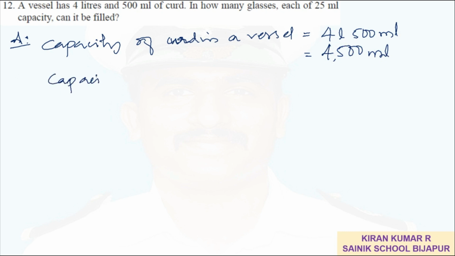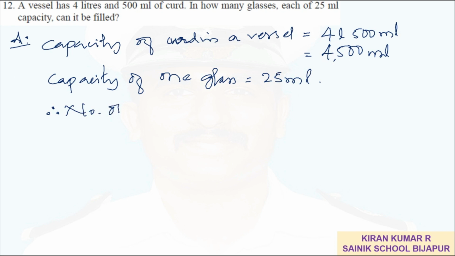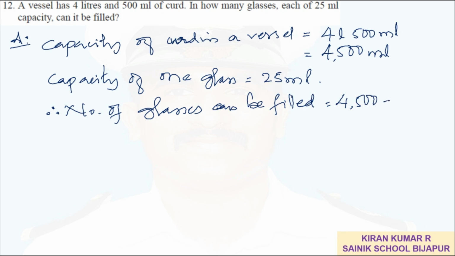They have given the capacity of a glass. One glass is 25 milliliter. Now I need to find out the number of glasses. So the number of glasses that can be filled will be equal to 4500 divided by 25. Let's do division. 25 divides 4500.